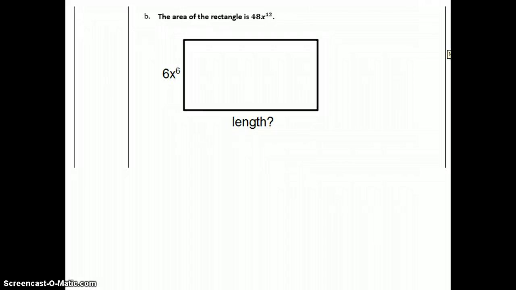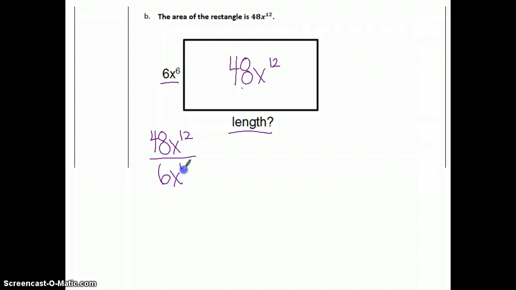Last one, I know that the area is 48x to the 12th. So I'm thinking 6x to the 6th times what gives me that? That's a division problem. 48x to the 12th divided by 6x to the 6th. 6 goes into 6 one time. 6 goes into 48 8 times.